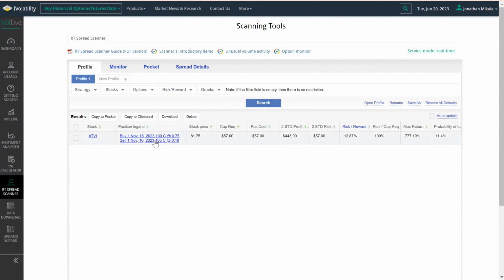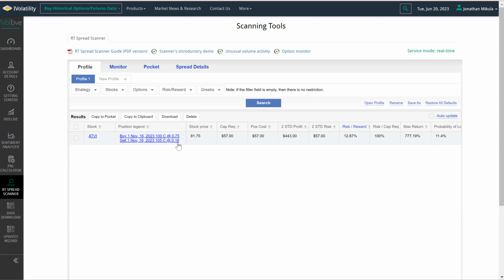With the bull vertical spread, what you're basically banking on is a tight trading range. You're buying one expiration and selling one expiration, but it's the same expiration, November 16th, 2023, with different strike prices, right? That's why it's called a bull vertical spread. You would do this if you expected the stock to trade in a tight trading range. That's where the bull vertical spread makes sense.